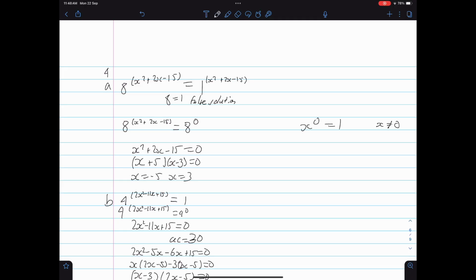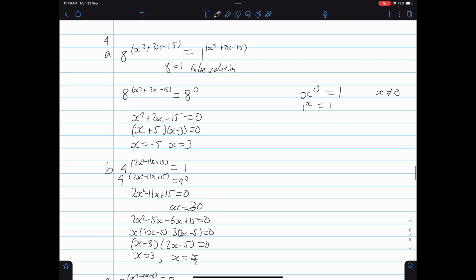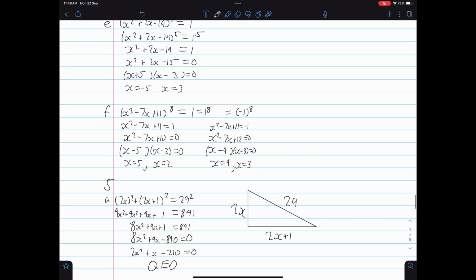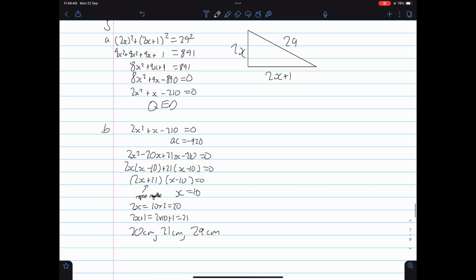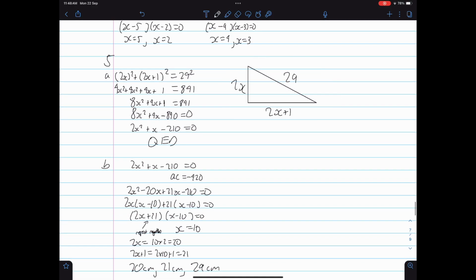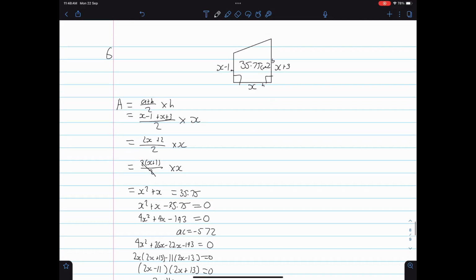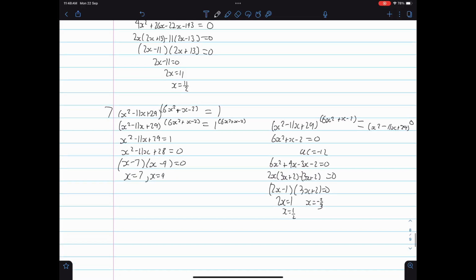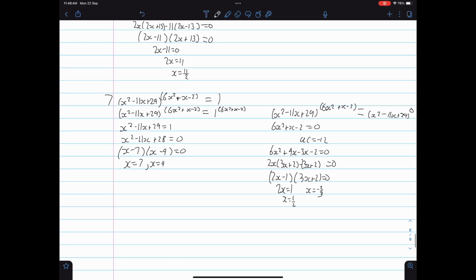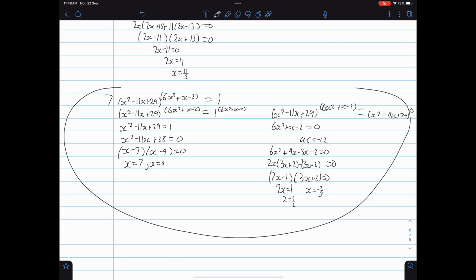I should note that x shouldn't equal 0. 1 to the power of x is equal to 1. 1 to the power of anything is 1. So those two things are probably the key things there. And here's just a bit of application of Pythagoras there. And more mensuration and stuff. And a big exponent one here.